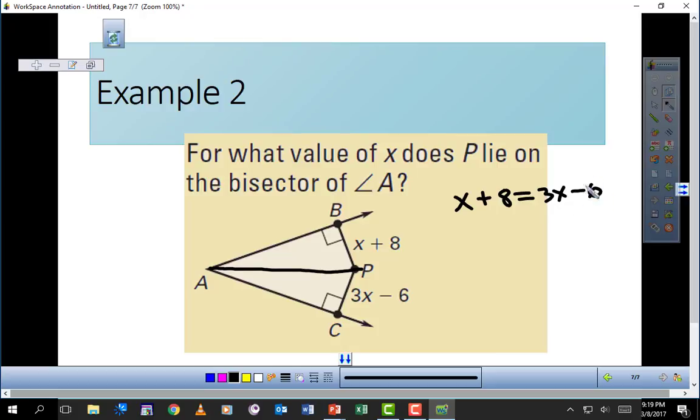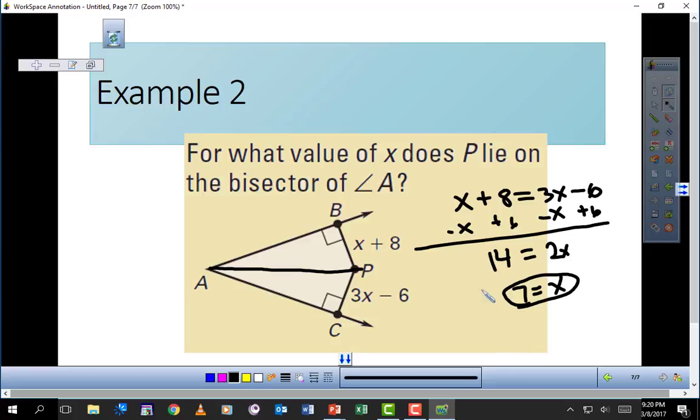This should remind you of the types of problems we had on the warm-up. So anyhow, if we get some x's together, I'm going to subtract x here, subtract x here. I get 2x over here is equal to, let's move this 6 over to the other side. We're going to add 6. I get 2x is equal to 14. And then divide by 2, I get x is equal to 7.